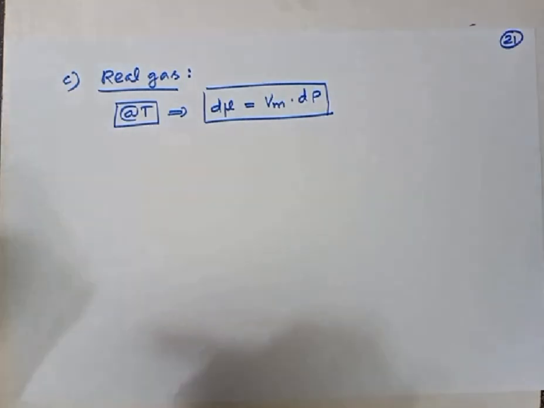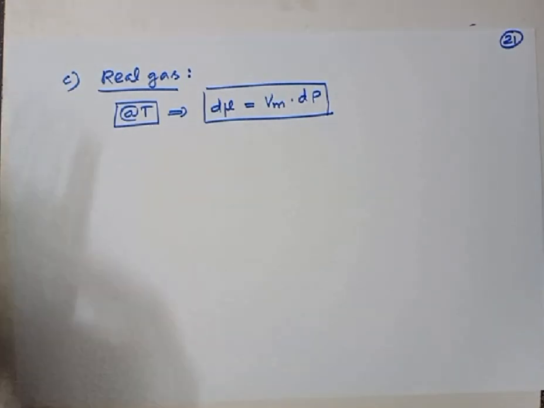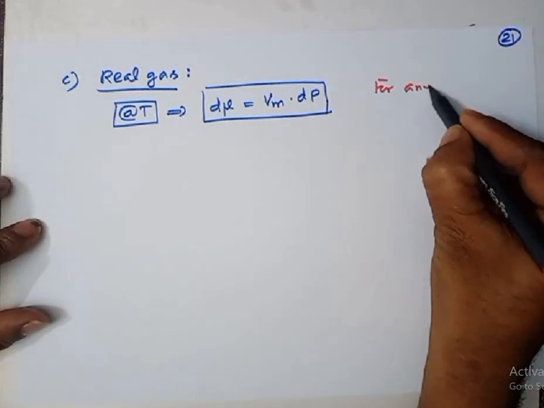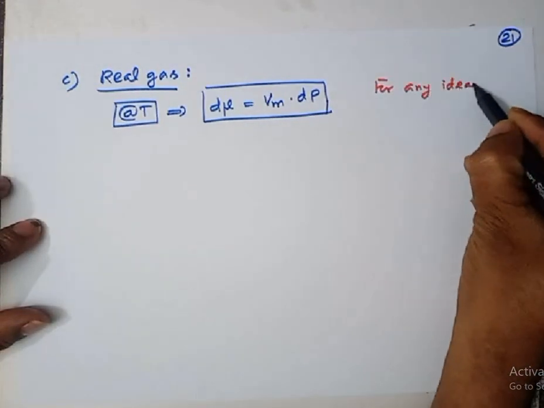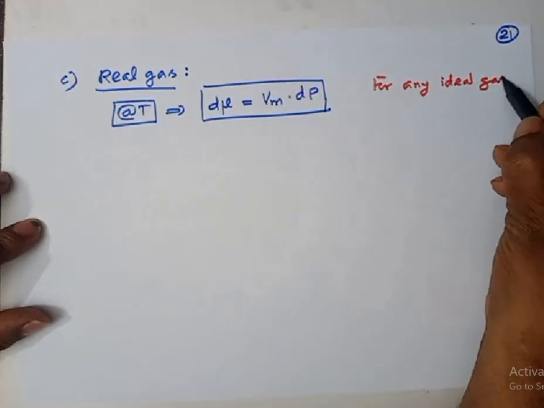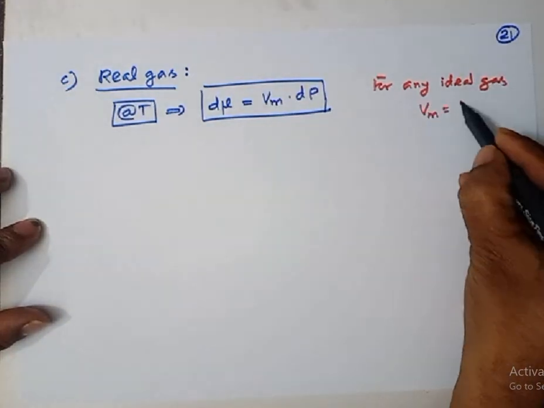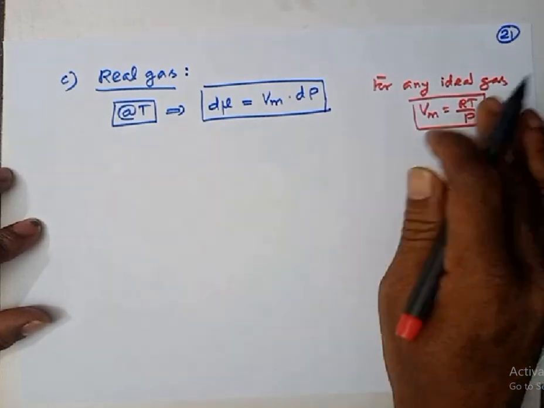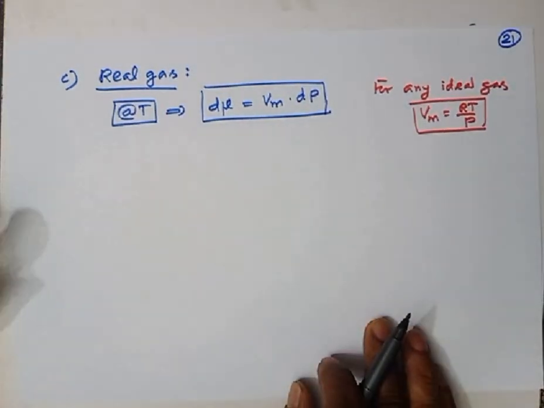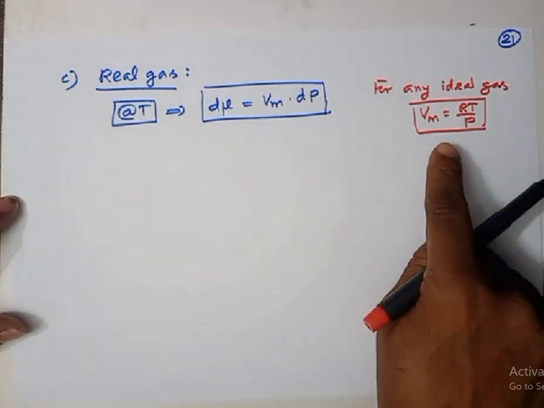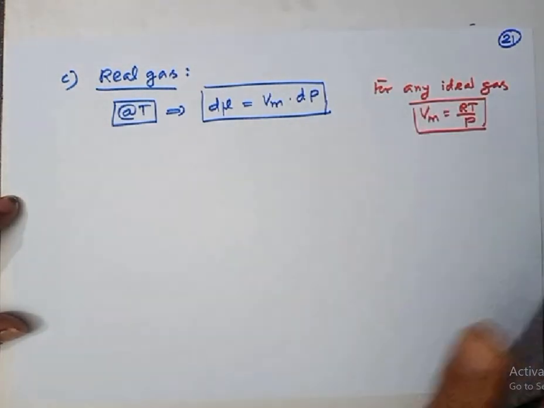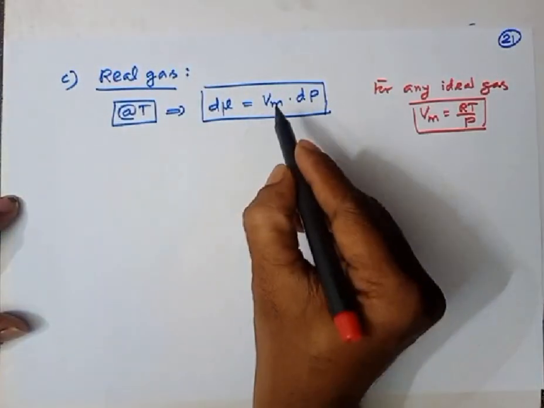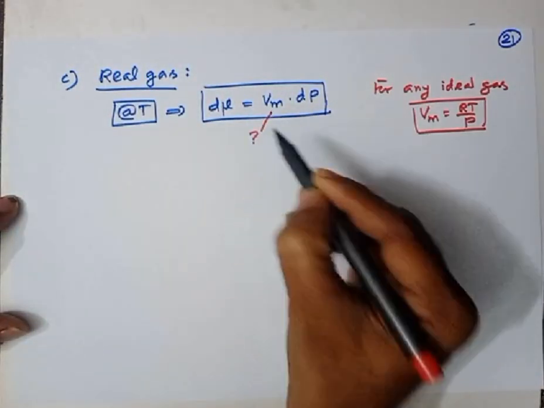So observe carefully, for any ideal gas, whatever ideal gas you take, molar volume is equal to RT by P. This is the single equation we have for all ideal gas. For all ideal gas, molar volume equal to RT by P, simple. Now my problem is, for real gas, what is the expression for molar volume?